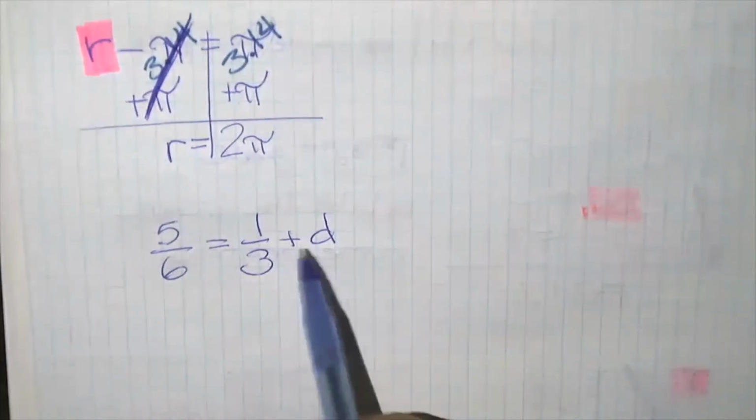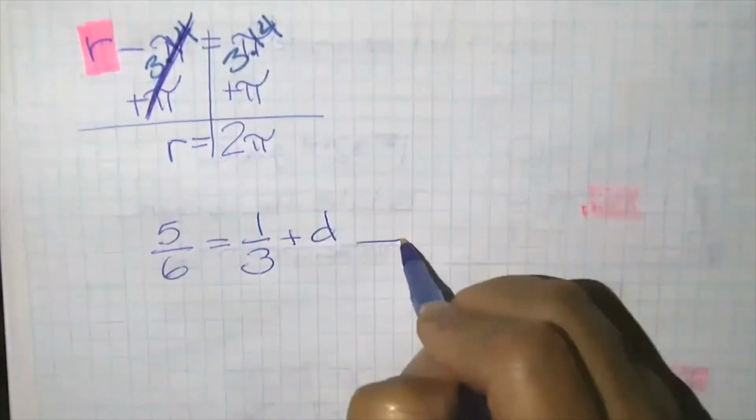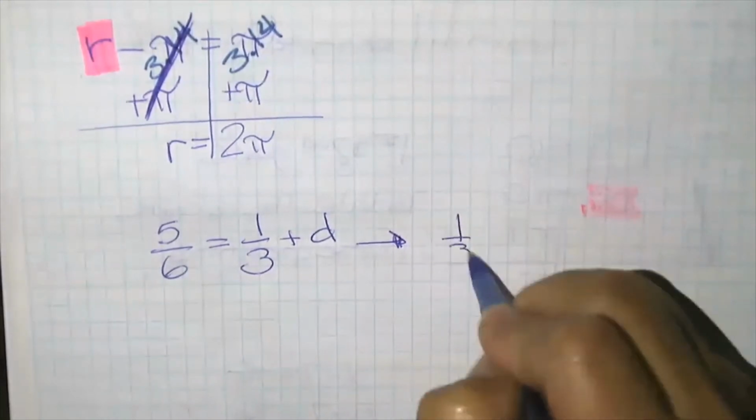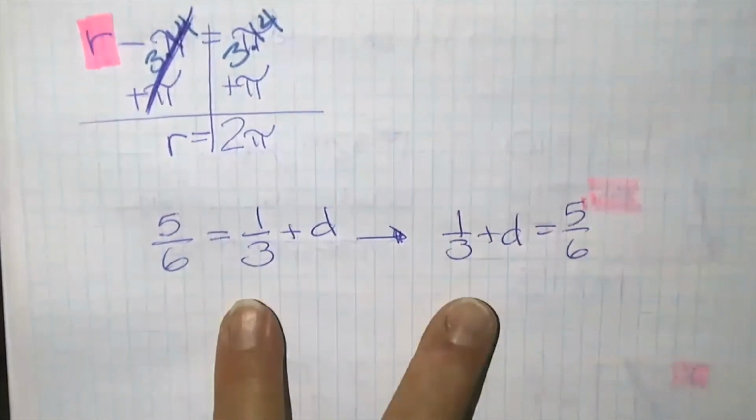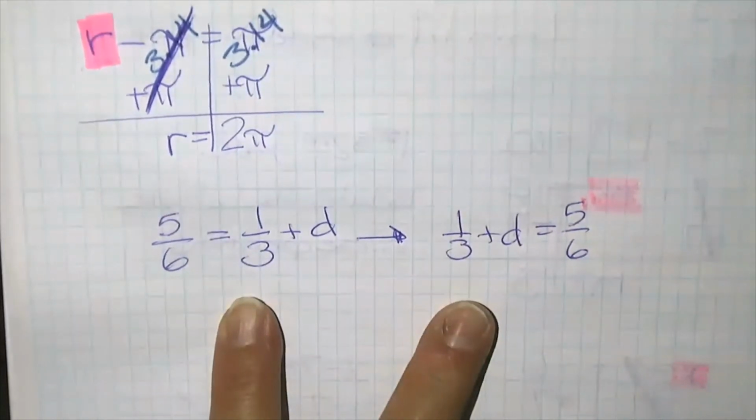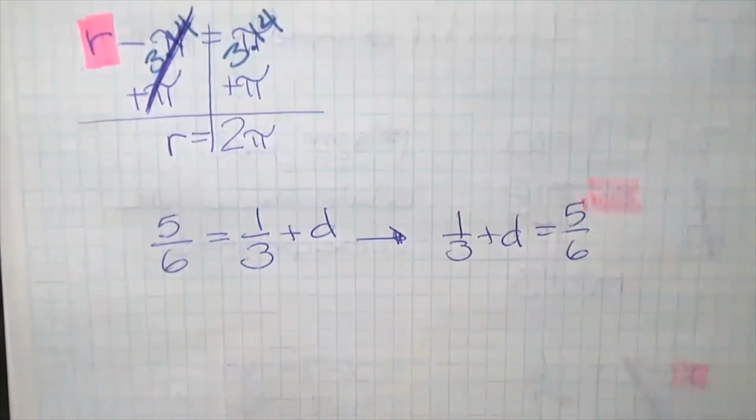No, because this is the same thing as 1/3 plus D is equal to 5/6. These are the same problems. It does not matter if my variable is on the left or the right.